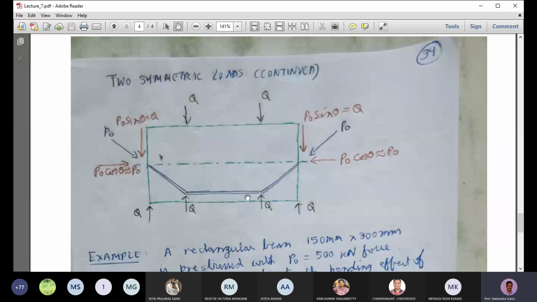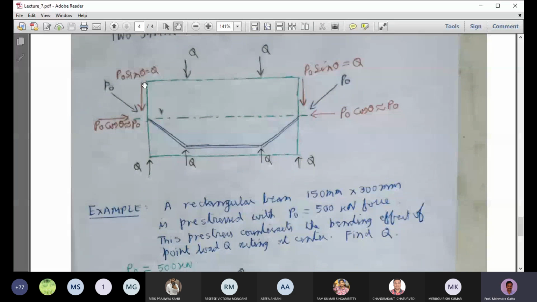And at C and D, we have the point loads and the reactions Q and Q. And P naught will have horizontal component P cos theta and vertical component P sin theta. And sin theta is Q by P naught, so P naught will cancel, we get Q.